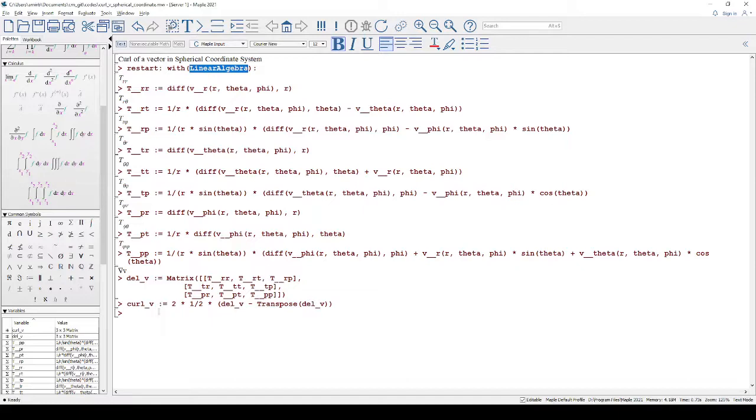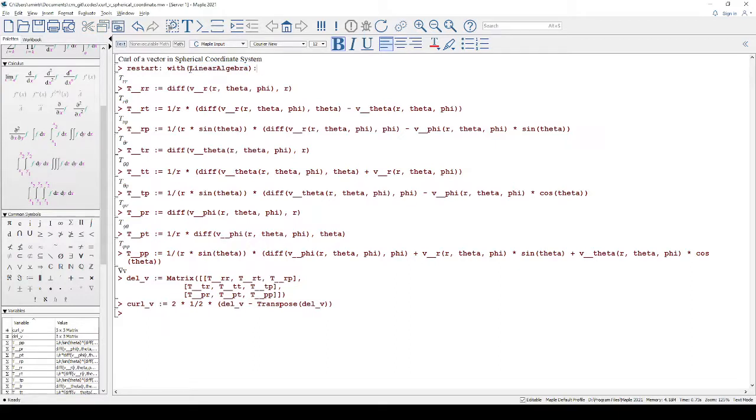But these are all tensors. I use the matrix algebra because the calculus is more or less like the tensor algebra, and it is fairly easy to implement in Maple.